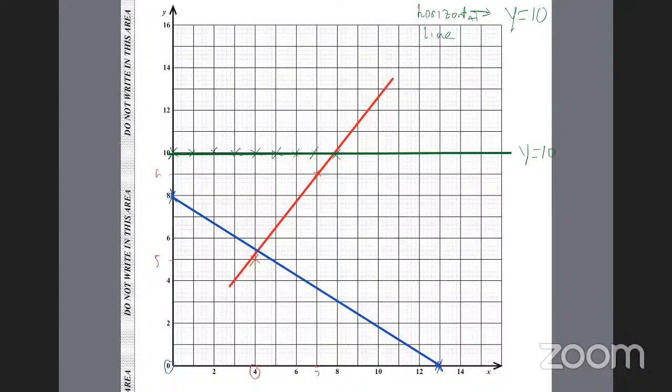All right, so you have y is 10. So every time you see y equals to something, no other values, that's a horizontal line.